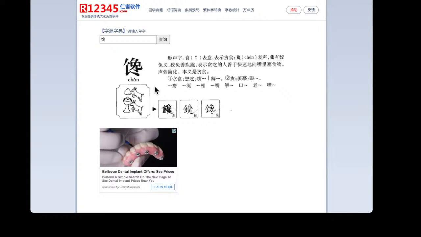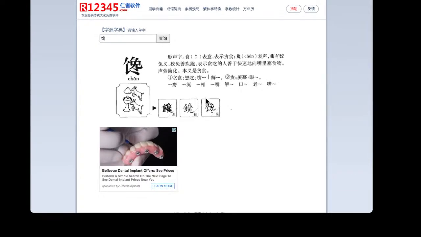Because of this eating habit, it's very greedy. That's why this character was built to mean greed, someone who likes to eat in general. 嘴馋 also means greed in general.